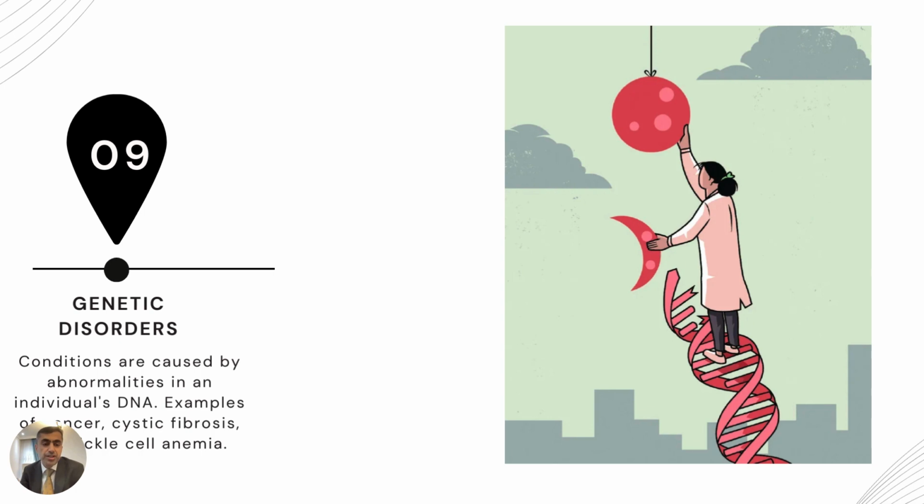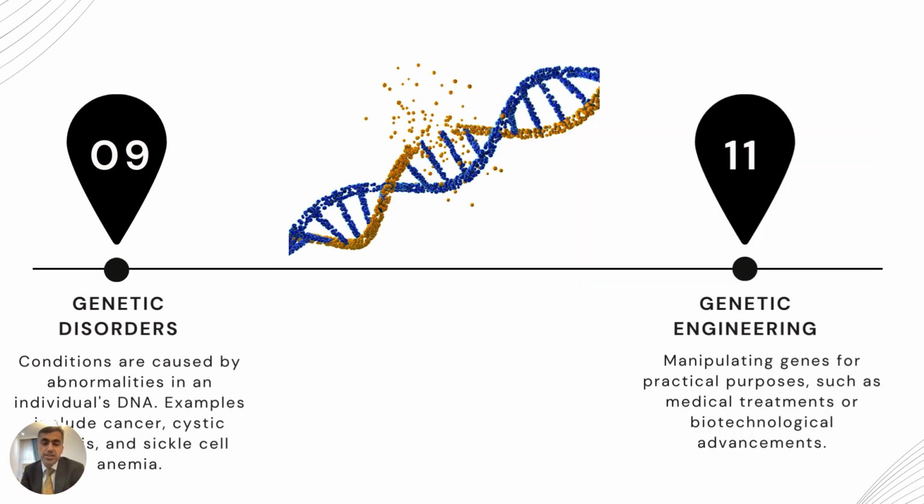Genetic engineering, we can say, is manipulating genes, changing the sequence of DNA practically. So manipulating genes for practical purposes, such as finding a treatment, or for biotechnological advancement, meaning producing biotechnological products, is called genetic engineering.